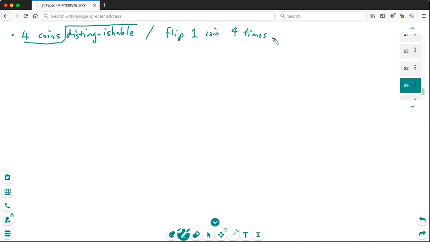This is a toy model, but a very important one. This is the toy model for distinguishable particles. Now you can appreciate this a bit more.